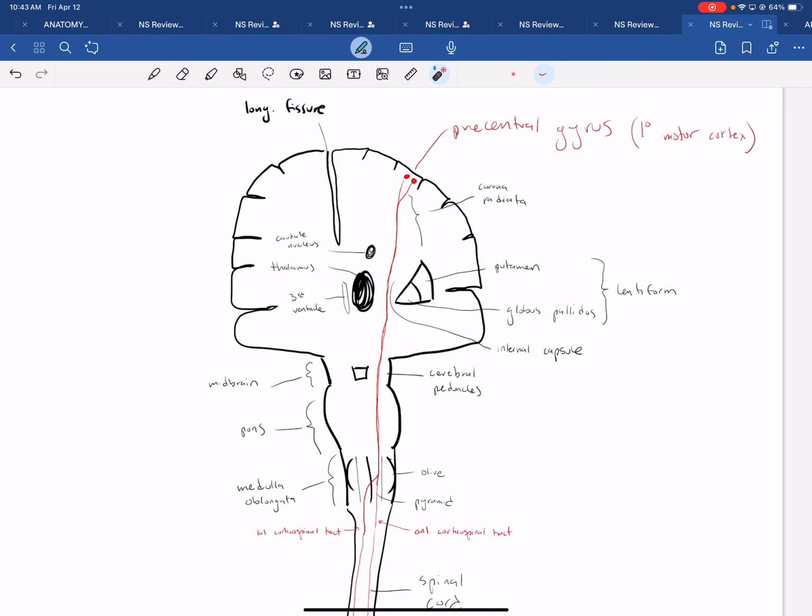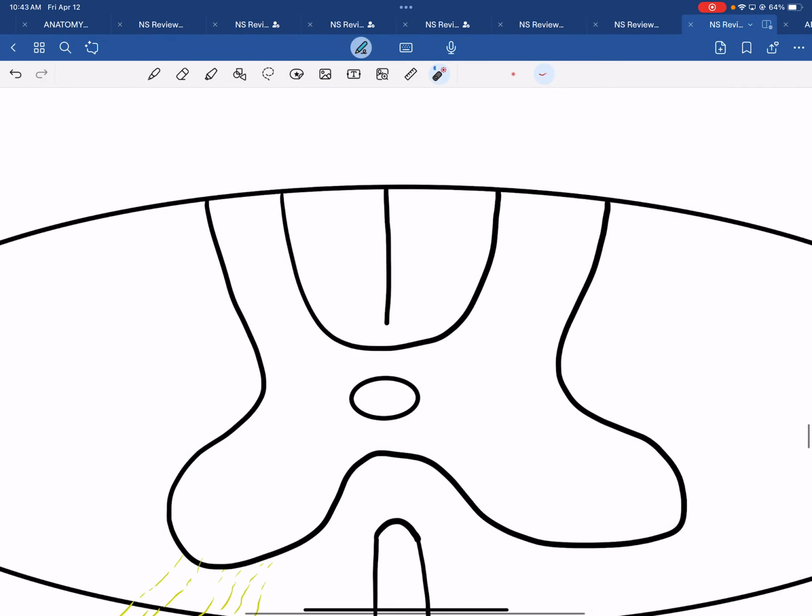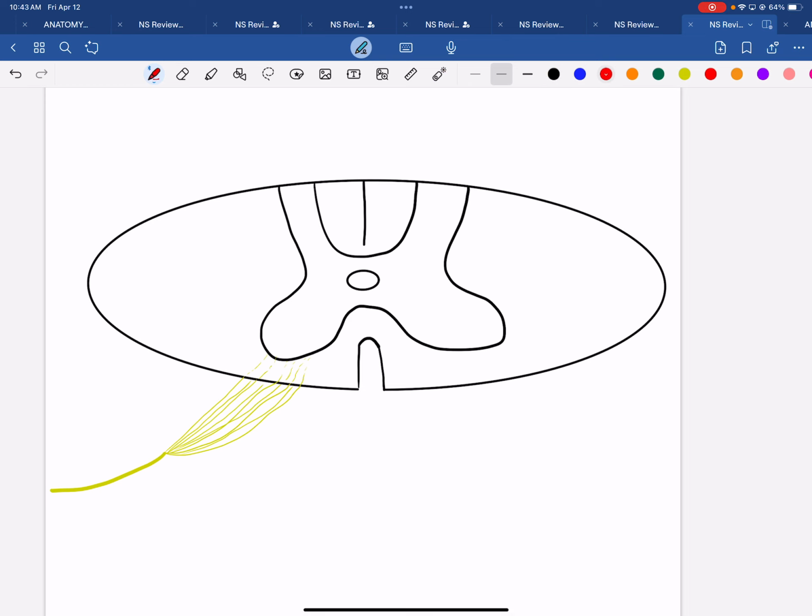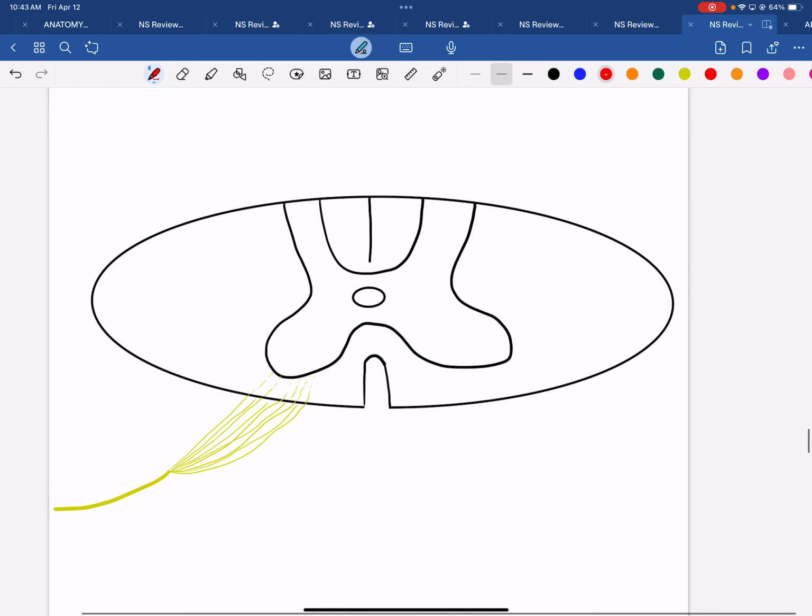In a similar way, you can have some section of the spinal cord, and then there's a lateral and an anterior corticospinal tract. And these are descending, so they're coming down.